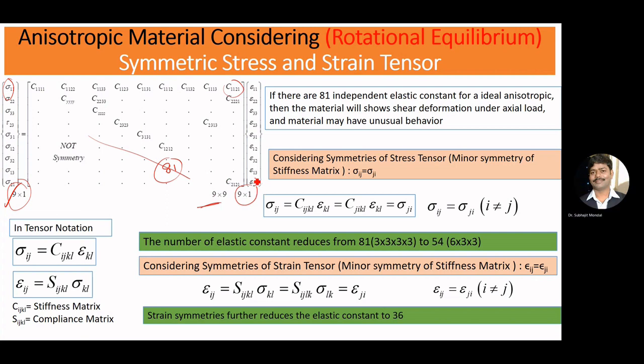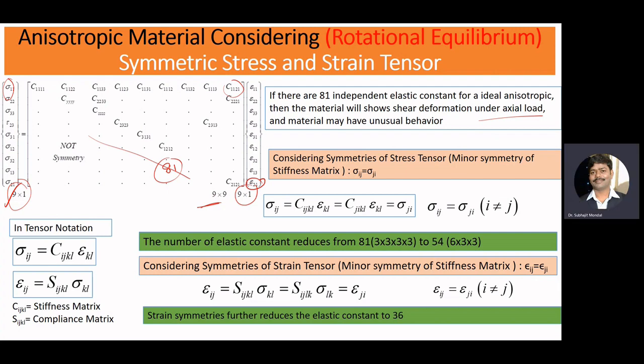Or the other way, shear stress in one plane is causing normal stress in another plane. In other words, under axial loading, we can have shear mode deformations. This type of material behavior is very unusual, and you may not be able to find such a material.